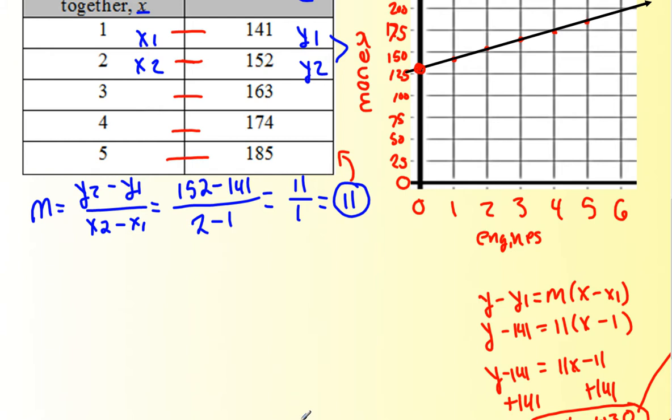That was the slope we found. Well, every time x goes up by 1, y goes up by 11, so this is plus 11, and then plus 11, and then plus 11.